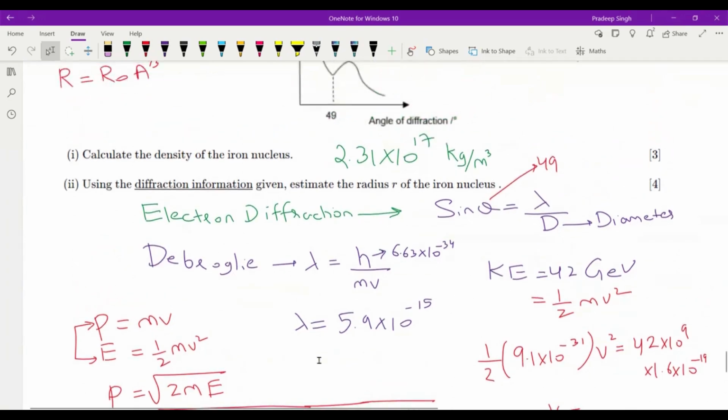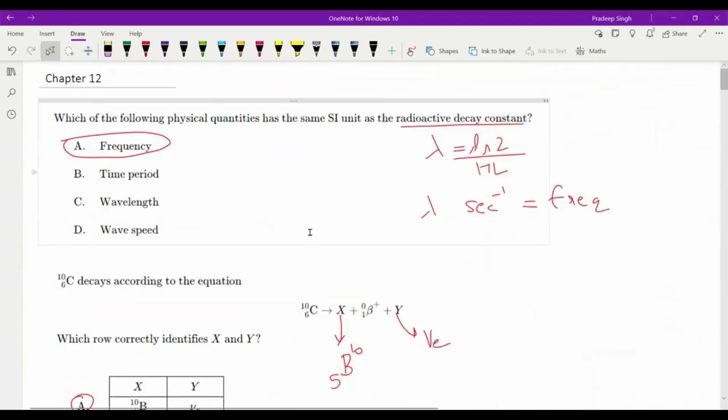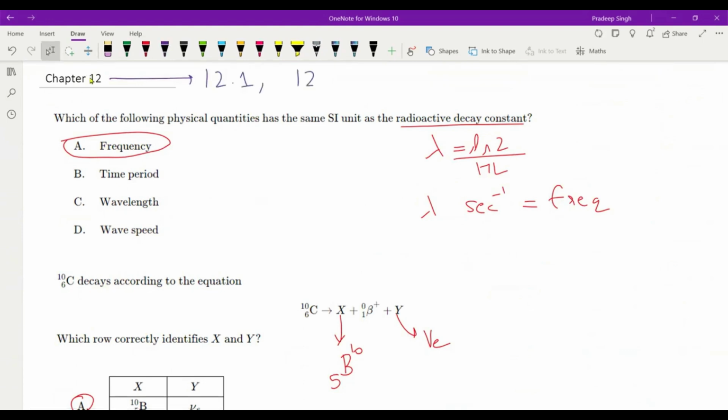All right, for now today's session ends. Before we end, remember we were doing chapter 12 revision. Chapter 12 consists of two subtopics, 12.1 and 12.2. All the questions which we have done today fall under 12.2.